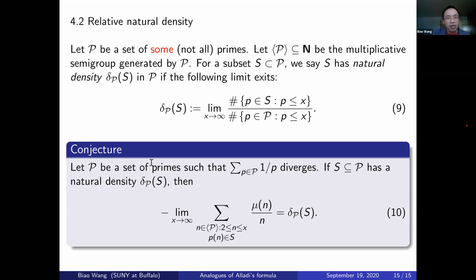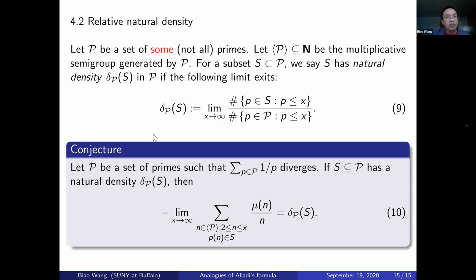If the sum of the reciprocals of primes in P diverges, and if the subset S has a natural density, then I guess we have the following Alladi's formula.